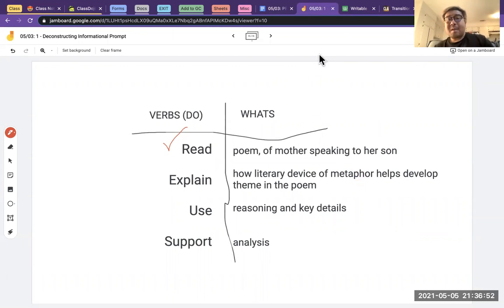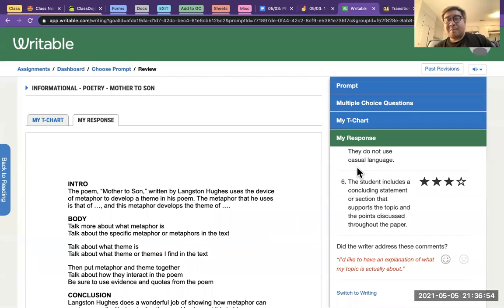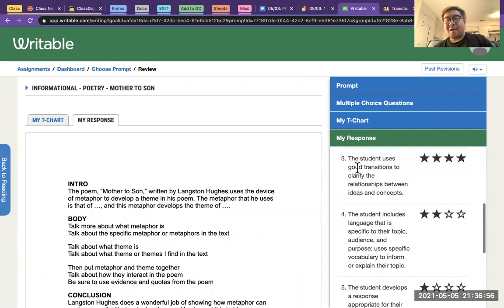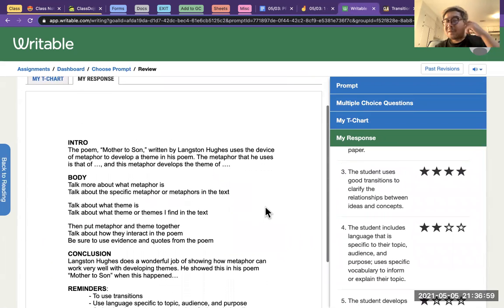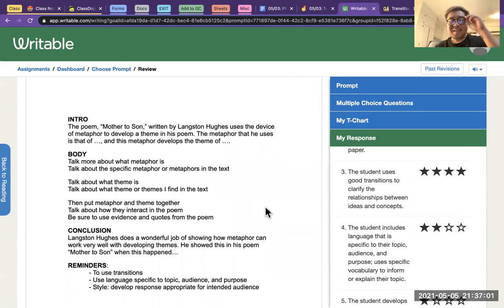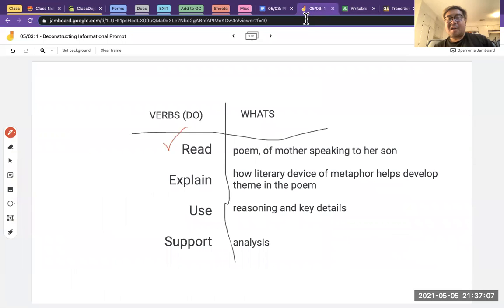We used the guiding rubric on the right to build an outline or a skeleton for our prompt. And then we also went back to the T-chart to make sure that we answered all the parts of the prompt. So did I explain how the literary device of metaphor helps develop a theme in the poem? Let's pretend I did in my body, okay?